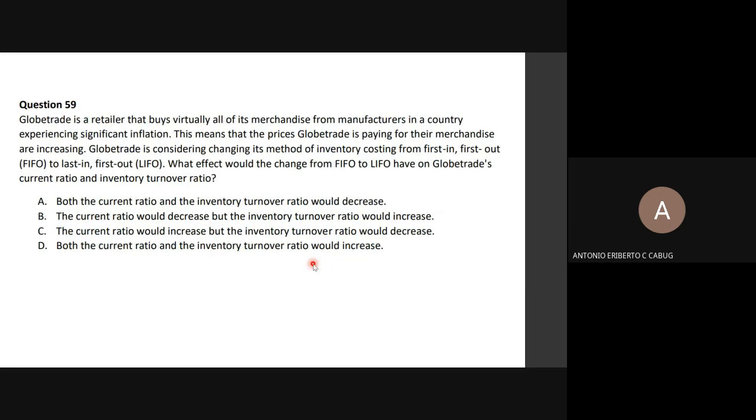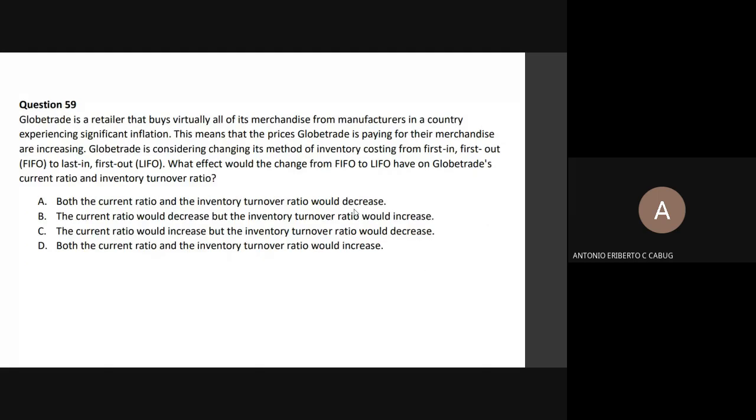Next. What about this one? Okay na? Globe trade. Okay? We'll give you 1 or 2 minutes for this.